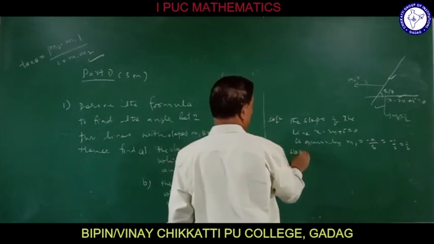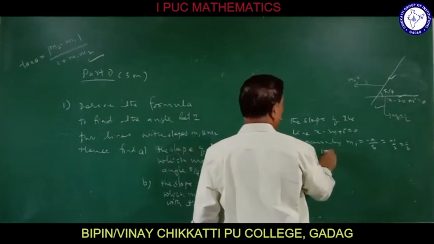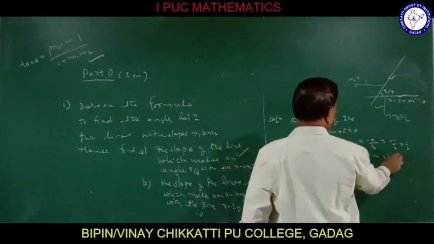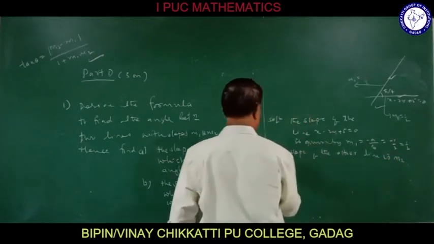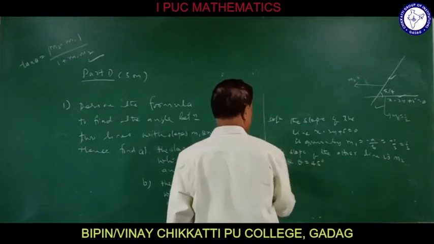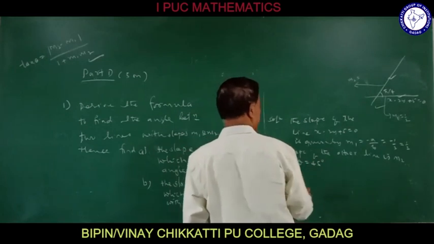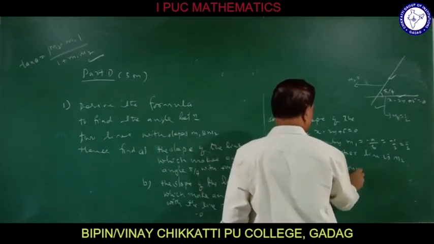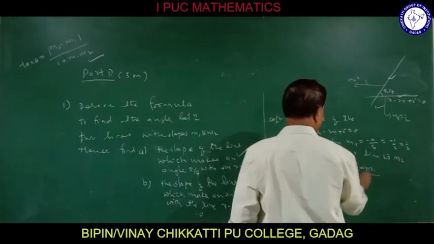You have to calculate the slope of the other line, m2, and theta is equal to 45 degrees. Now what is the formula? tan theta is equal to m2 minus m1 divided by 1 plus m1 m2.